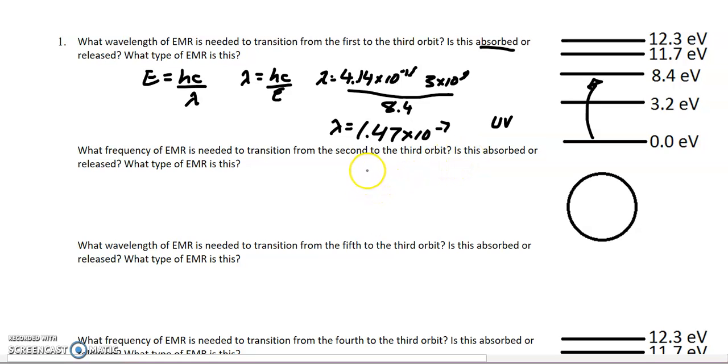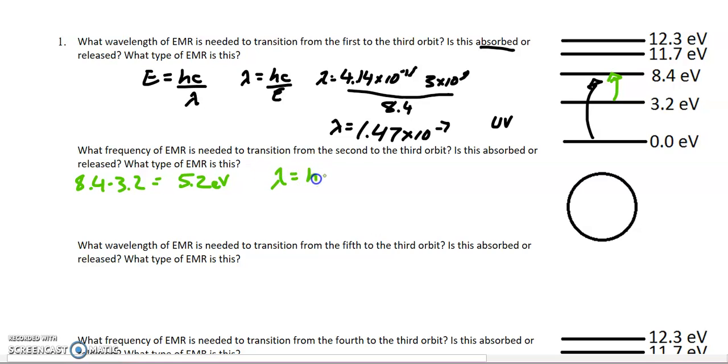The next one says, what if we're going from the second to the third orbit? If we're going from here to here, well, the difference is just 8.4 minus 3.2. That means 5.2 electron volts are going to be, again, absorbed because we're going up.